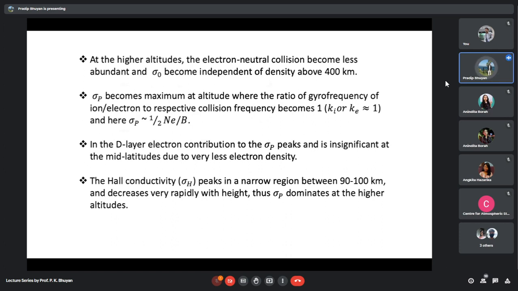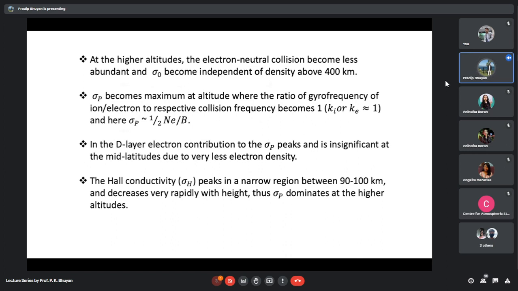Sigma P is equal to half of Ne divided by B. At this point, because Ki and Ke are all equal to 1, you can have sigma P equal to Ne by B divided by 2.